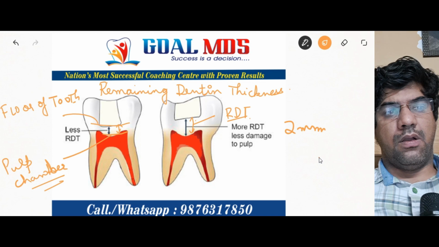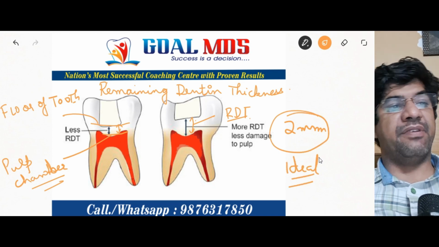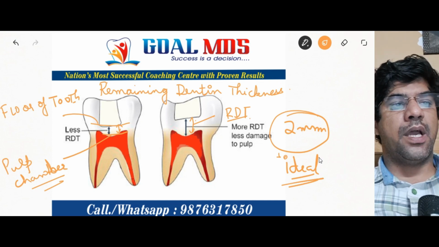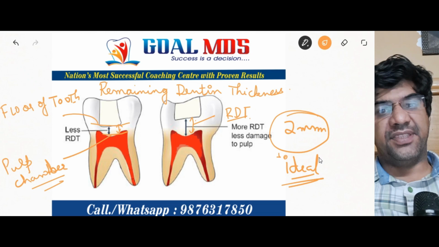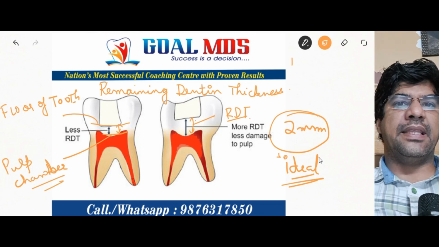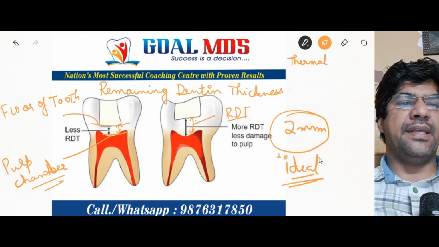Remember that generally 2 mm of dentine thickness between the floor of the tooth preparation and the pulp will provide an adequate insulating barrier against the irritants. As the dentine thickness decreases, the pulp response will increase.